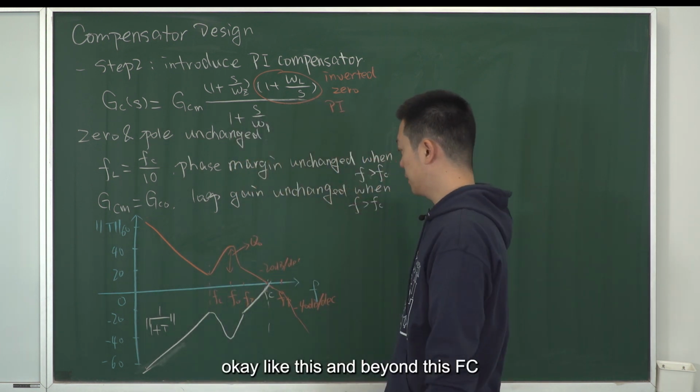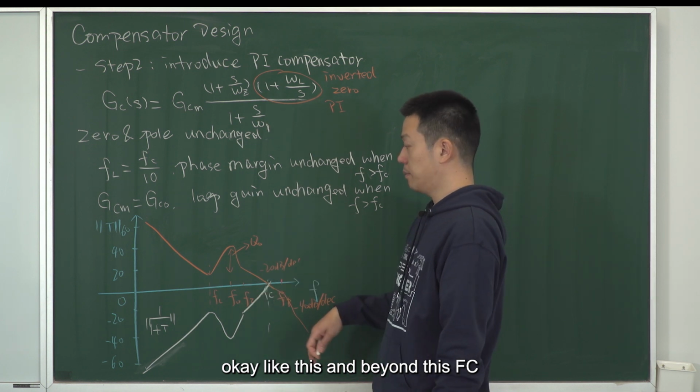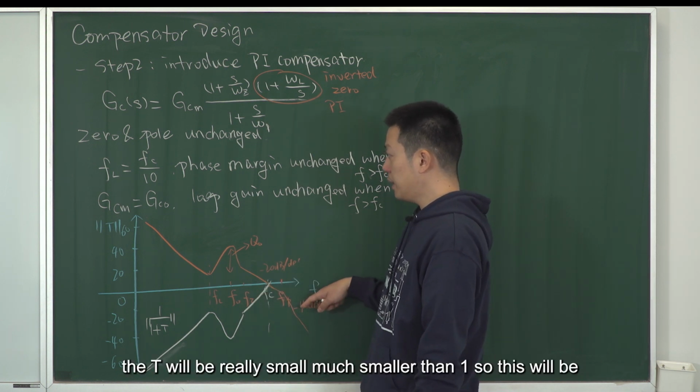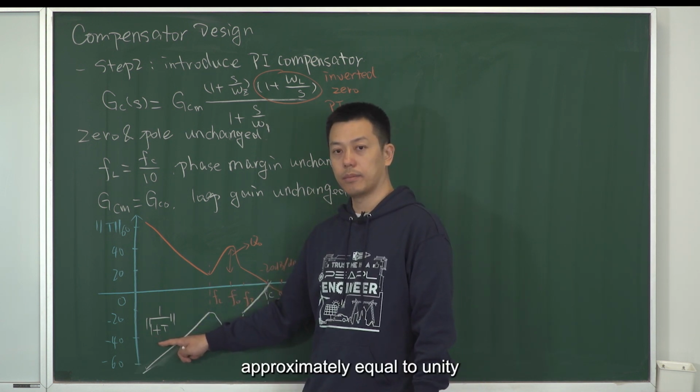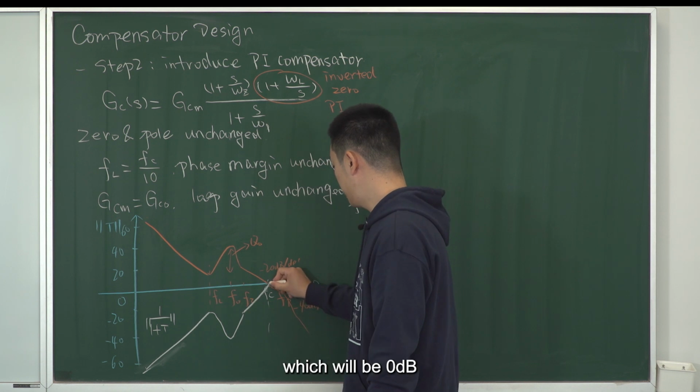Okay, like this. And beyond this fC, T will be really small, much smaller than 1. So this will be approximately equal to unity, which is 0 dB.